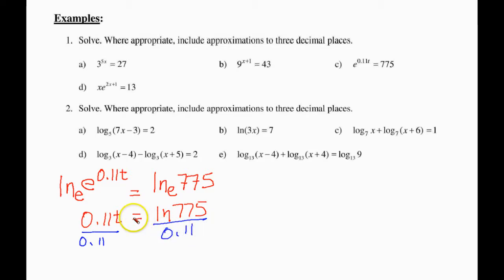Now here you have to be very careful, because when you put this into your calculator, it's going to be the natural log of 775 divided by not any logarithmic value, but just the plain 0.11, and that will give you 60.481. Now remember, this is approximate. This is the exact answer.